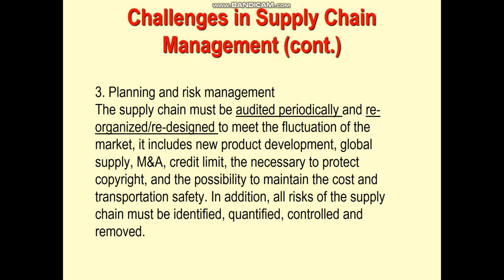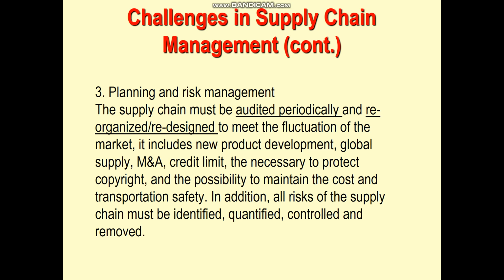The third one is planning and risk management. We have to manage the risk by auditing the supply chain periodically, like month by month, or 3 months by 3 months.